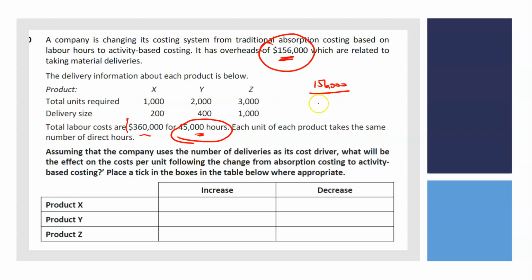So ultimately that's divided by 45,000 hours. So that's 156,000 divided by 45,000 hours. And that's £3.46 per hour.